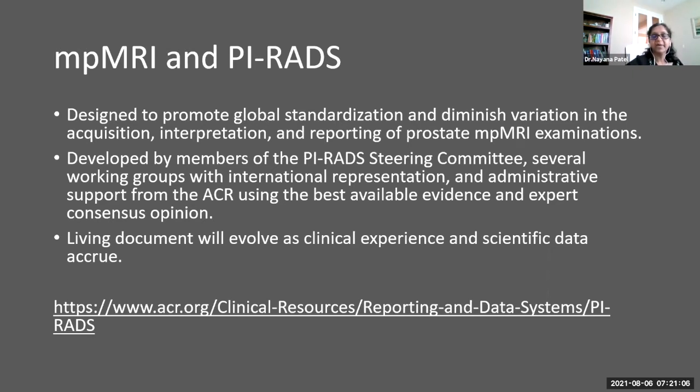This PI-RADS document is a living document and it evolves as we accrue more clinical experience and scientific data. The PI-RADS document is freely available on the ACR website, and you can also dive more into detail regarding the acquisition and reporting system by using this link.